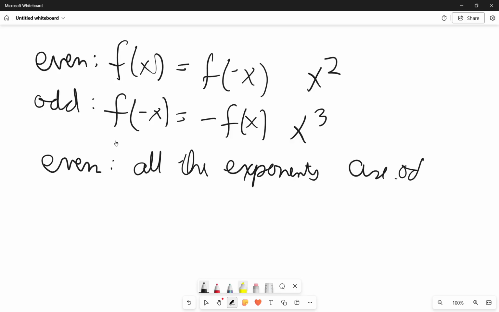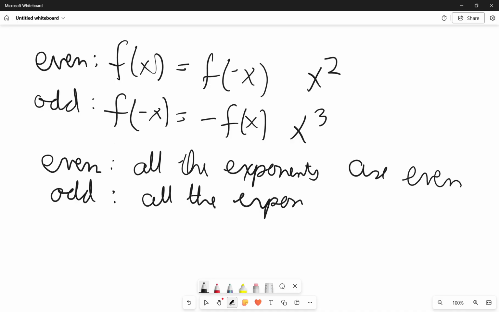Sorry, they're all even. My bad. This really helps because, as you can see, in x squared, the exponent 2 is even. And for odd, it's kind of the opposite. All the exponents are odd.